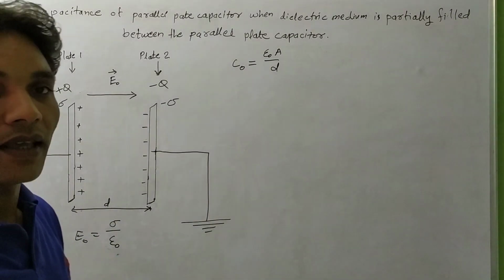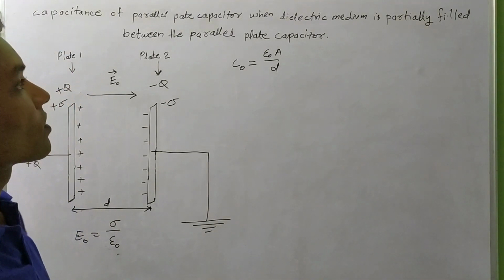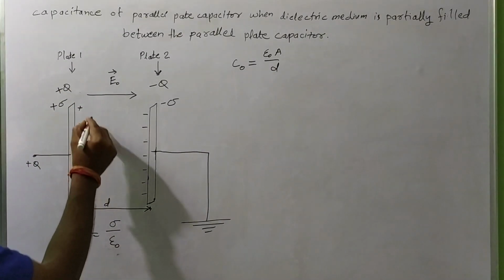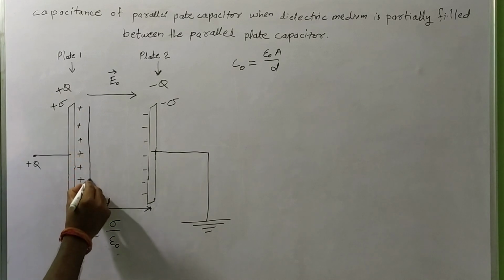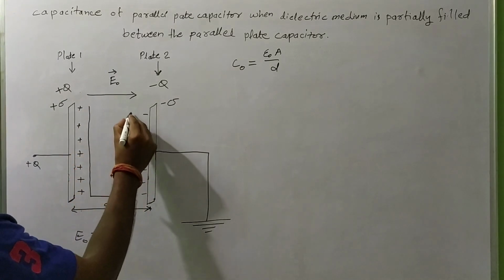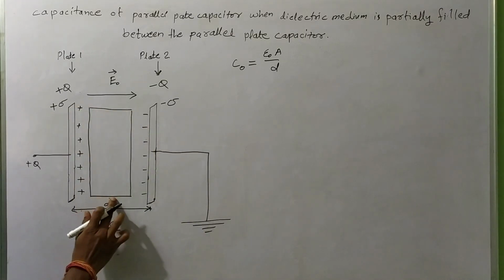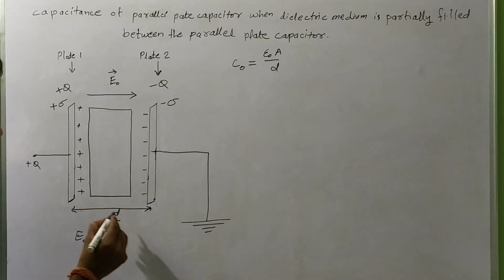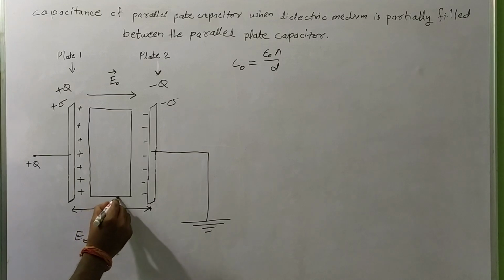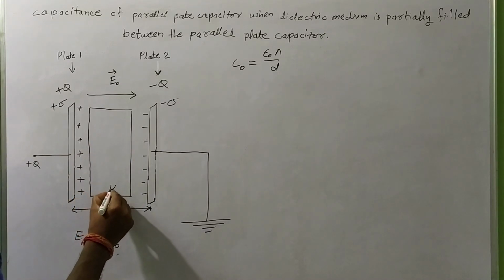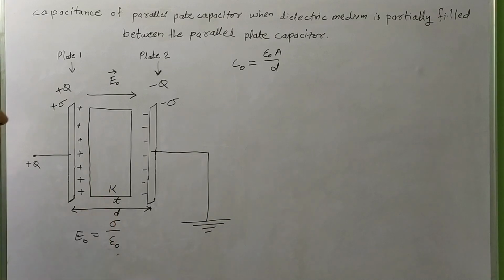This is the capacitance. Now let a dielectric slab of thickness small t be kept between the two plates, and let the dielectric constant of this slab be equal to K.